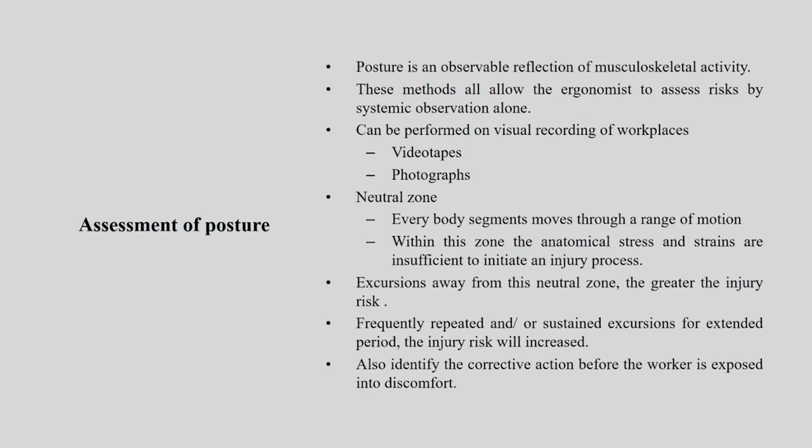So I can move forward, that is flexion, then I can move backward, that is extension, side bending on the right side, left side, I can rotate my neck, that is on the left side, again right side.